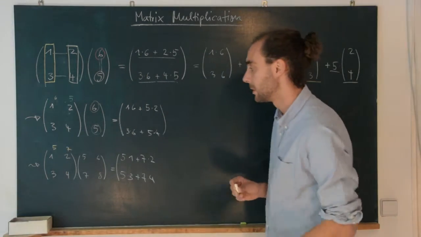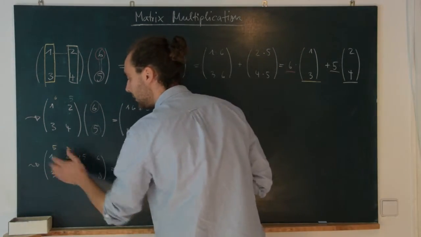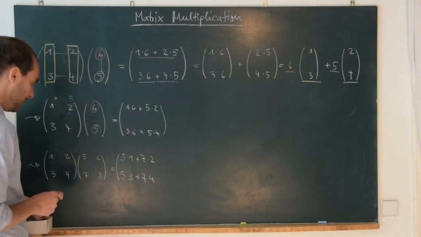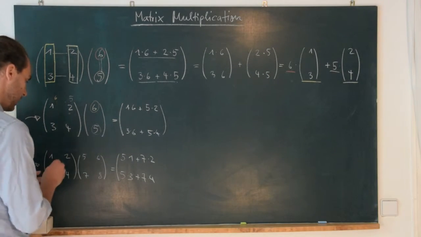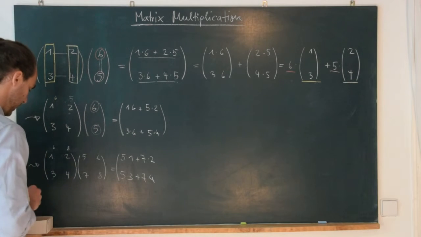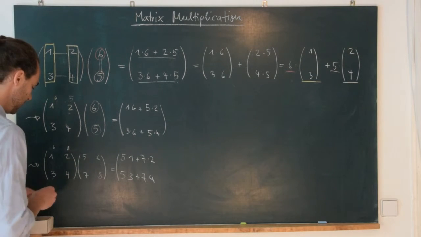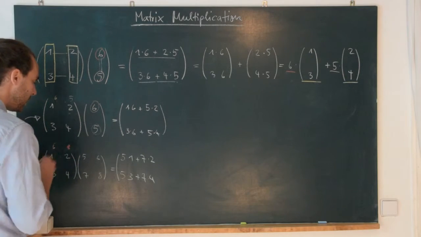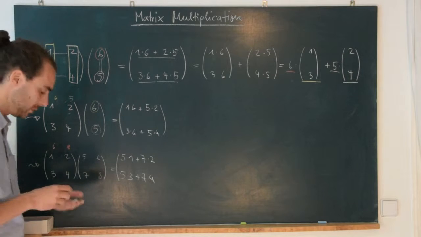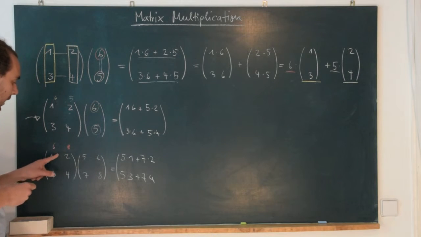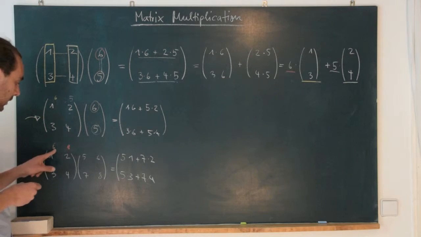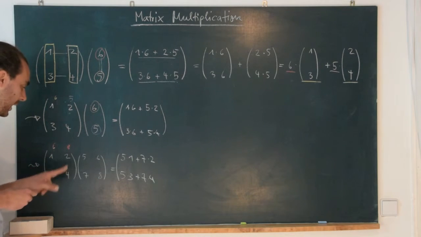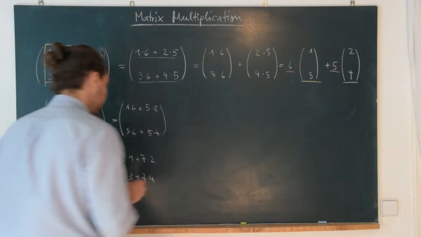The next column of our new matrix: we have to erase these numbers and take the second column, 6 and 8. I'll do that in color. And now, for the second column of our new matrix, we multiply this column with 6 and this column with 8, and we add them up.